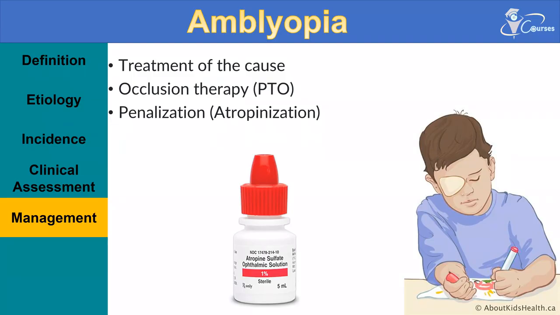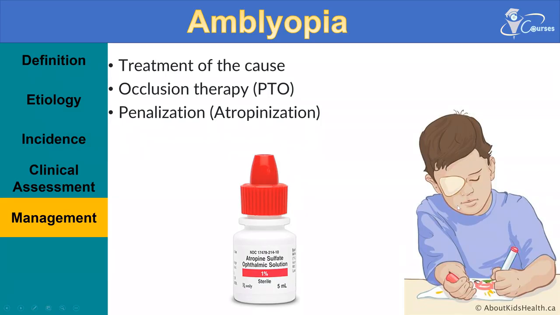What is meant by occlusion therapy or part-time occlusion? This is by occluding the normal eye, so that we force the patient to use the lazy eye, and encourage the patient to engage in activities that will stimulate his vision, like drawing and reading.